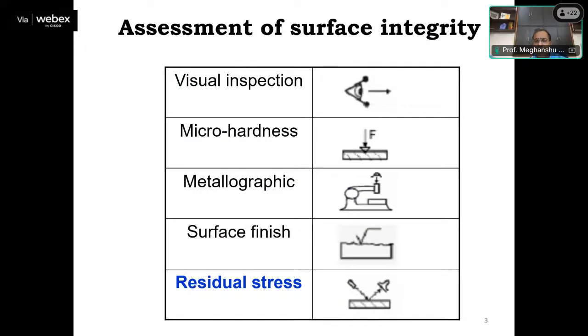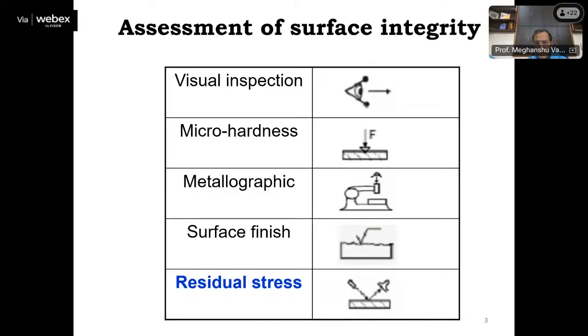We also have a very common instrument, the metallography inspection optical microscope, which provides information about the microstructure and is used in metallographic studies. Roughness tester is another instrument required for assessment of surface finish.